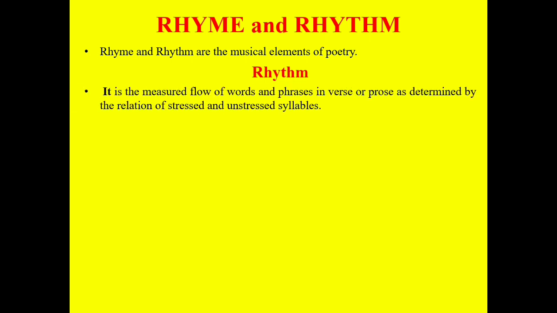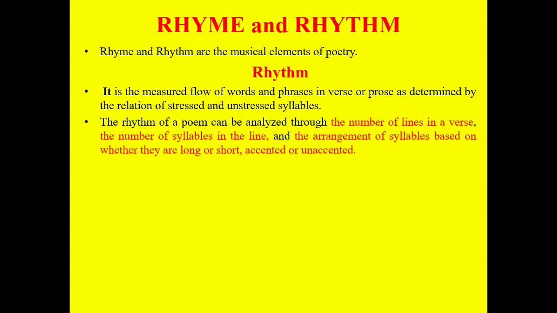Rhythm is the measured flow of words and phrases in verse or prose as determined by the relation of stressed and unstressed syllables. So you are going to study rhythm in a poem based on the line.